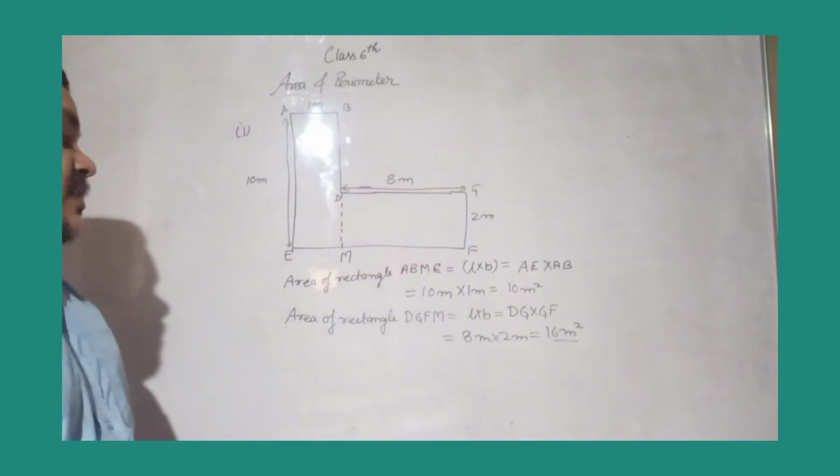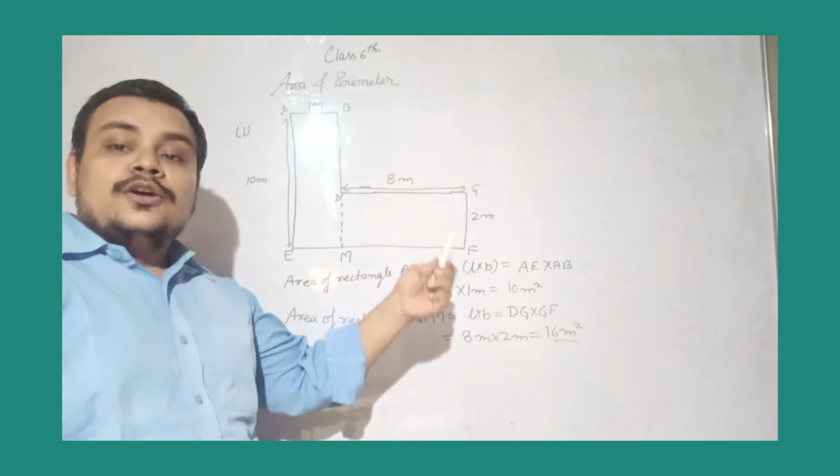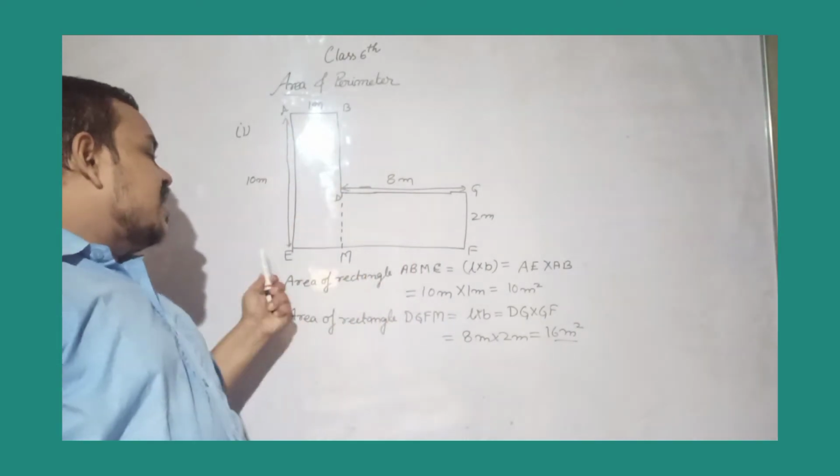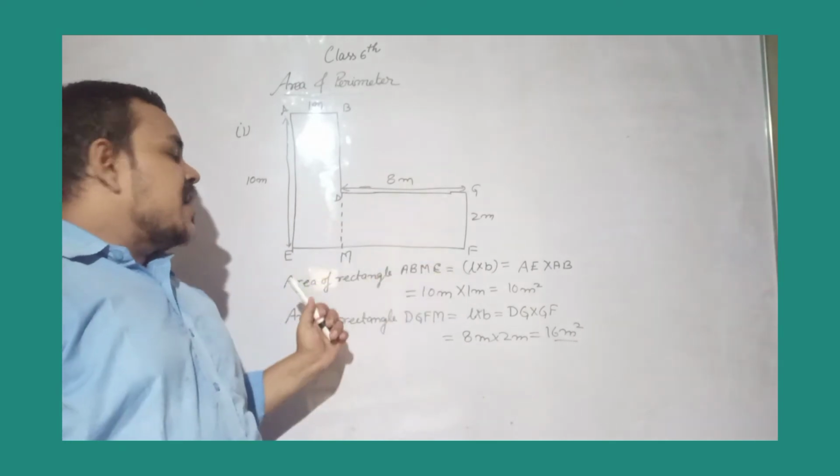And it is asking the area of the whole figure. So area of the whole figure means the area of ABME plus DGFM.